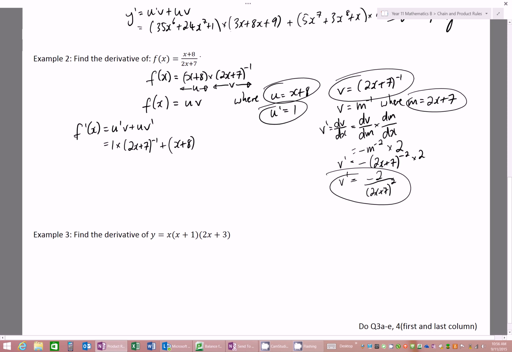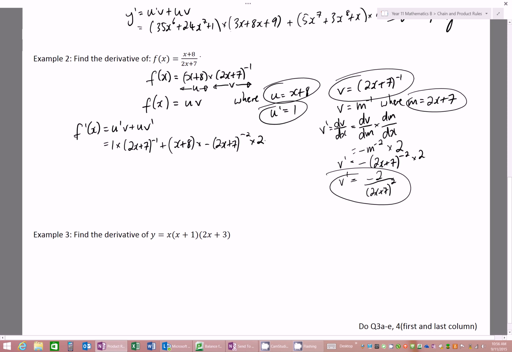And v dash, well, I can use any of these different forms. I'm probably just going to use this form because it looks the same as my v, and it'll make it easy to compare the two. So times minus 2x plus 7, power minus 2, times 2.